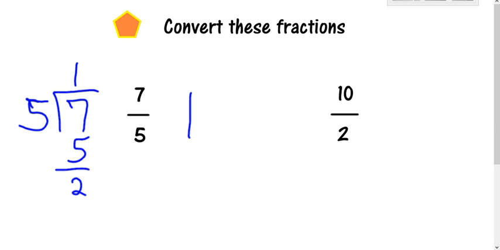And so I'm going to say 1 and 2/5. Awesome. 10 divided by 2 equals, boom, 5. You've known that since you started dividing, one of those early-on ones. Converted. We did it. You're a pro.